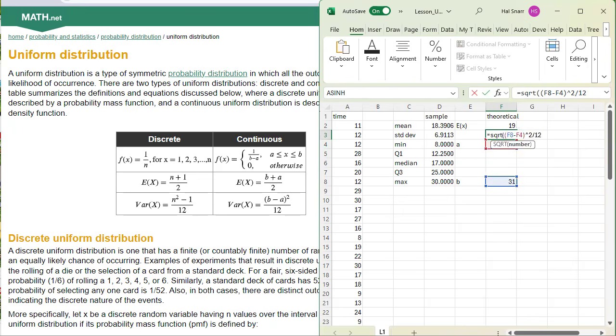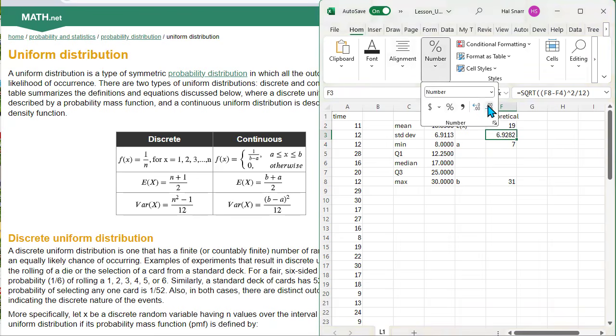I'm going to put a parentheses around this whole thing, right? That'll give me my standard deviation. So this is B minus A squared divided by 12, and then taking the square root of that. And I get something that's pretty close to the sample standard deviation, right? And I'll go 4 decimal places. I'm going to copy that.